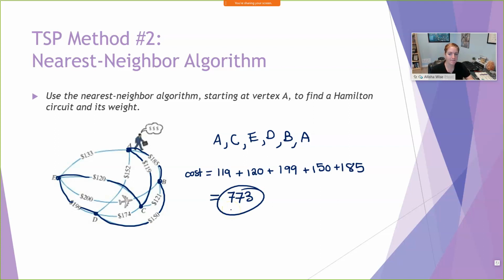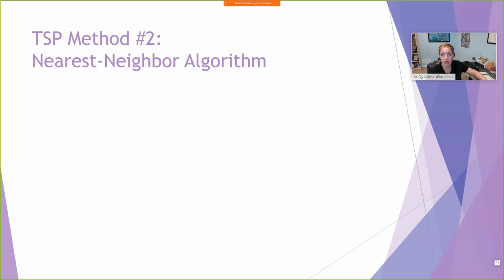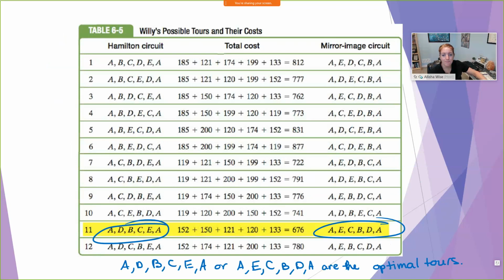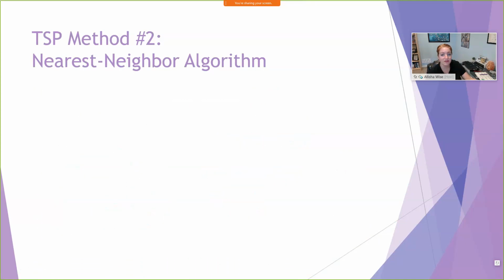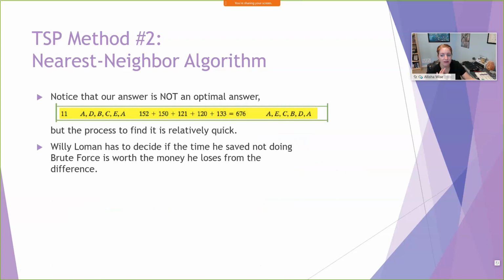You might be like, hey, that's a decent cost. It's easy to do, right? It was fairly quick compared to the brute force method. But if we go back to the brute force method of this example, you'll see that's not the optimal tour. The optimal tour has a weight of 676. Ours was 773, so there's a disconnect there, even though this is quite a bit faster.